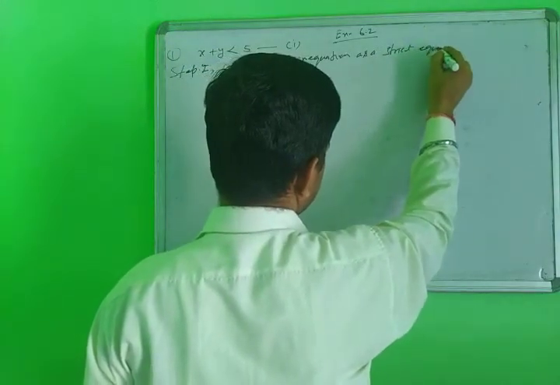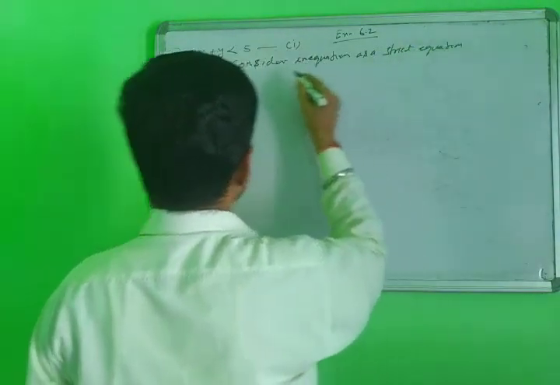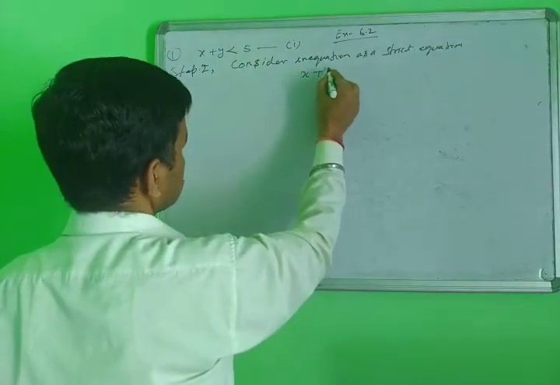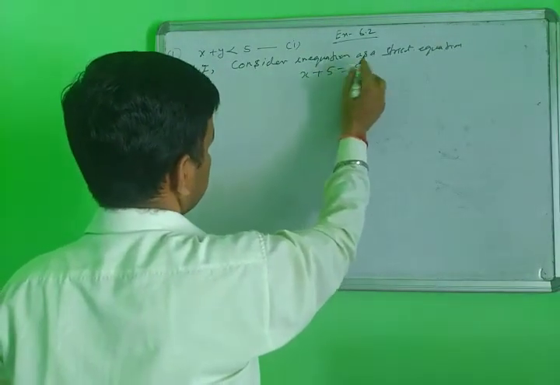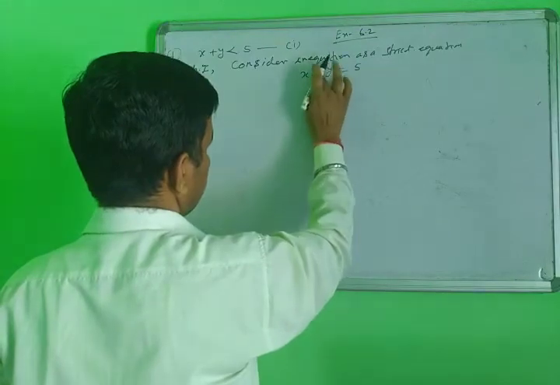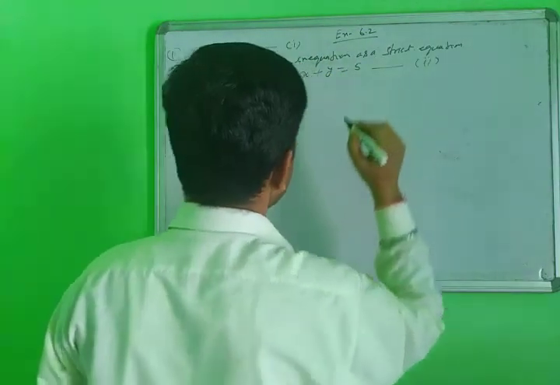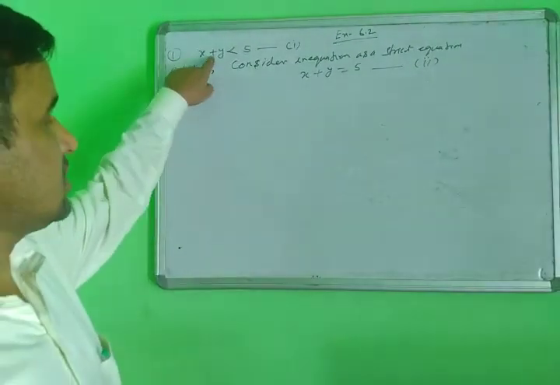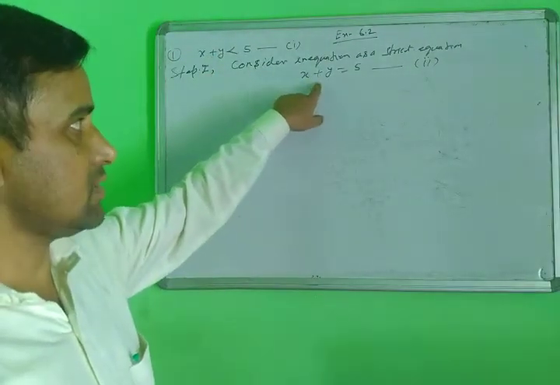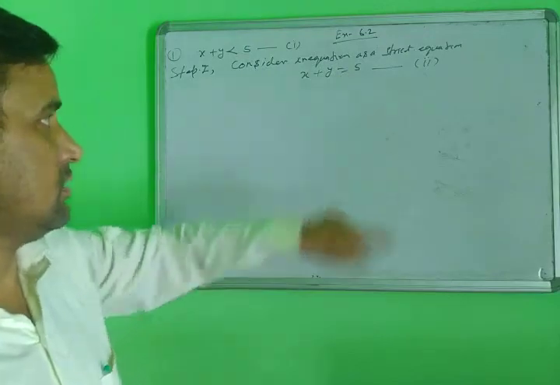A strict equation means x plus y equals 5. This inequation is converted into a strict equation.